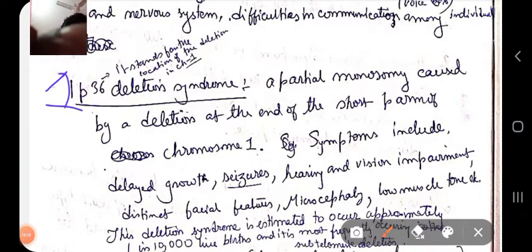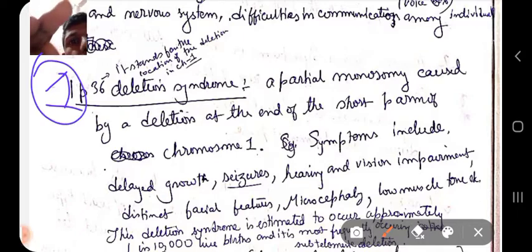The 1 refers to chromosome number 1, p refers to the short arm, and 36 is the position in the short arm which is deleted. That leads to the formation of this syndrome. So it is also a partial monosomy, because only the 36th position at the end of the short p arm of chromosome number 1 is deleted.